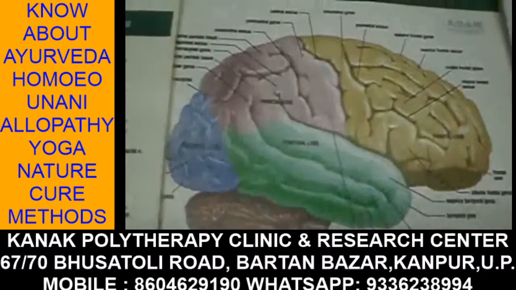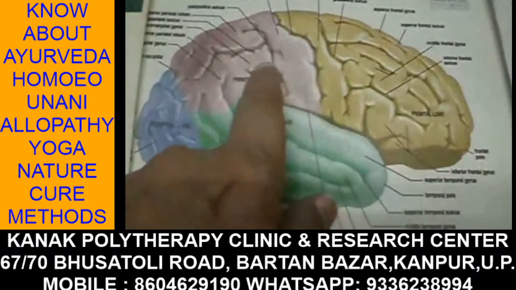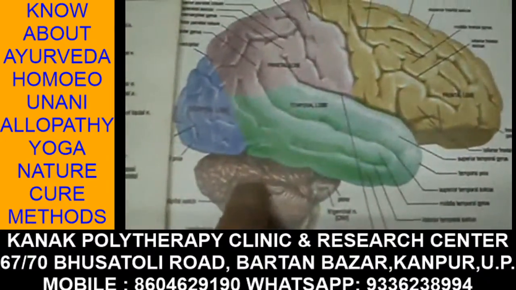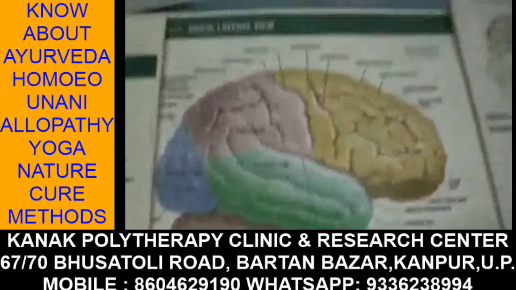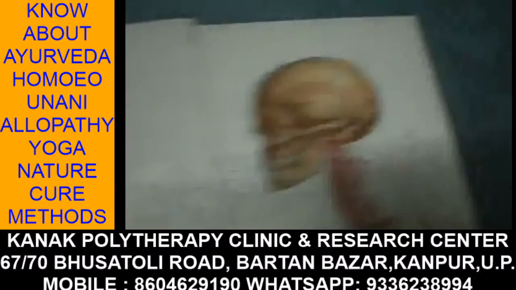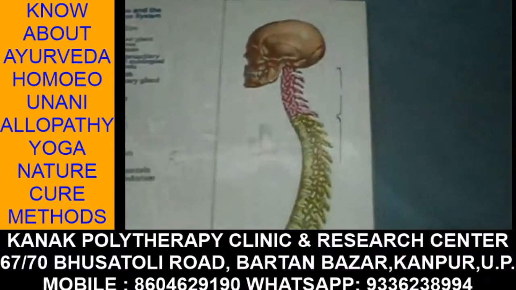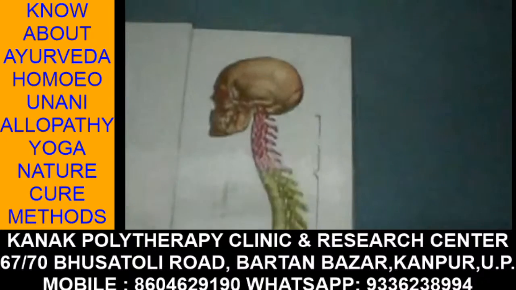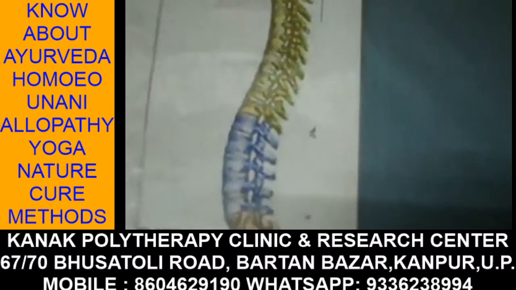Now this is the brain. You see here, the brain has a few parts, five parts: 1, 2, 3, 4, 5. It has five parts and is related with the whole of the spinal cord. Now you see, this is the spinal cord.